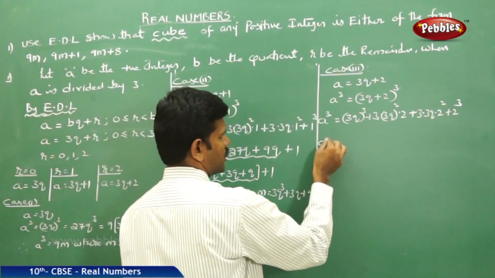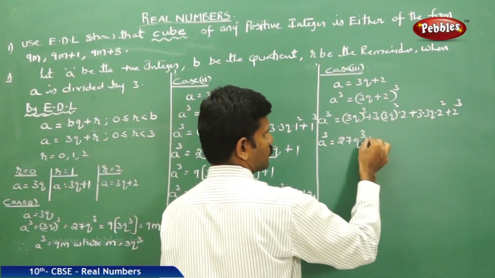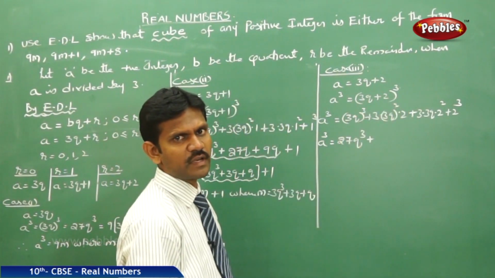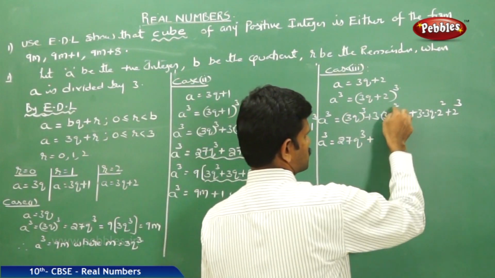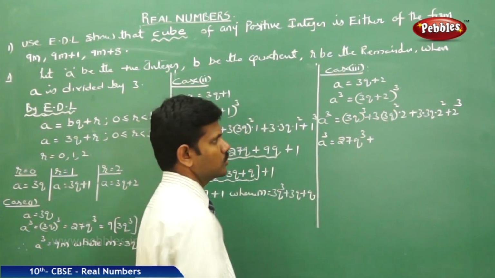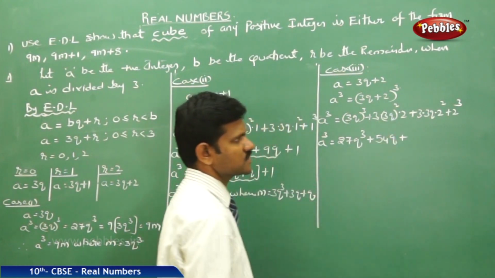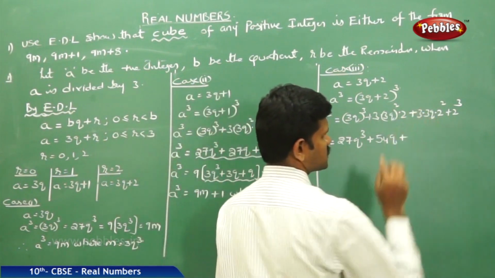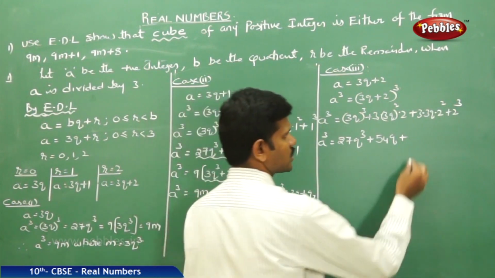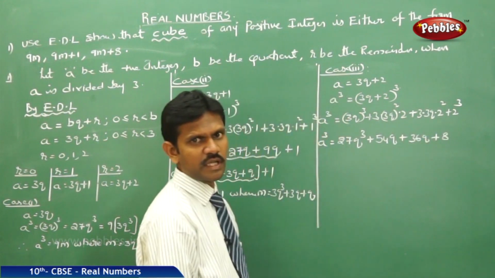That is, a cube is equal to 27q cube plus 3 square, nothing but 9, 9 3s are 27, 27 2s are 54q square plus 3 3s are 9, 2 square nothing but 4, 9 4s are 36q, plus 2 cube nothing but 8.